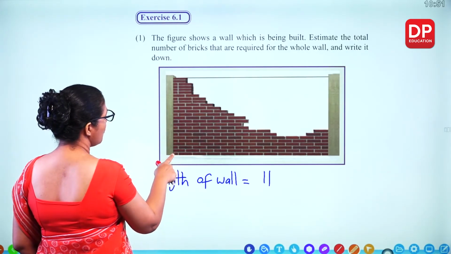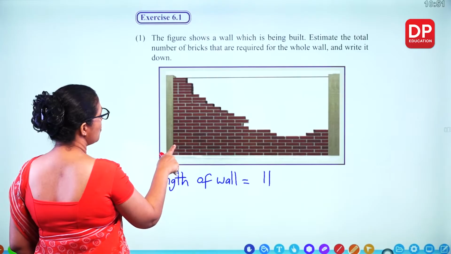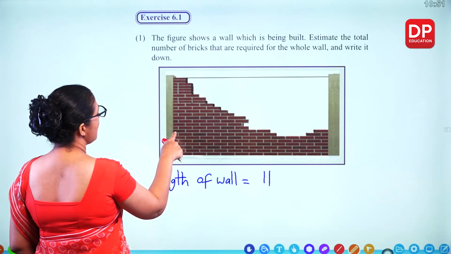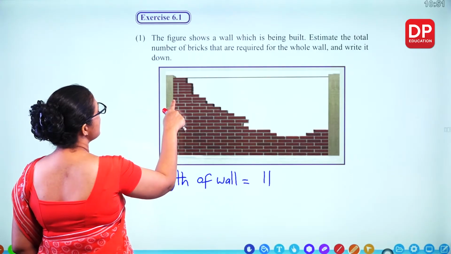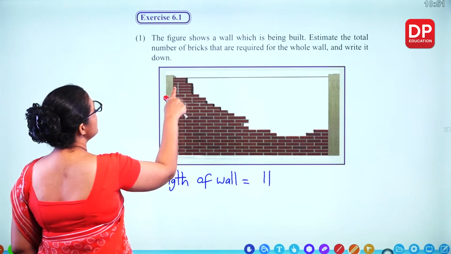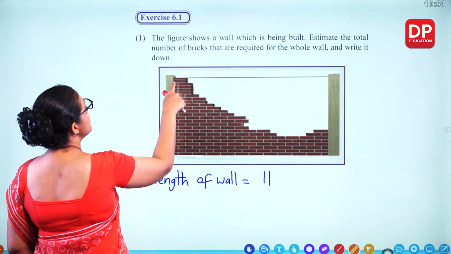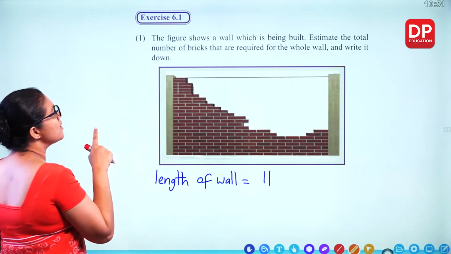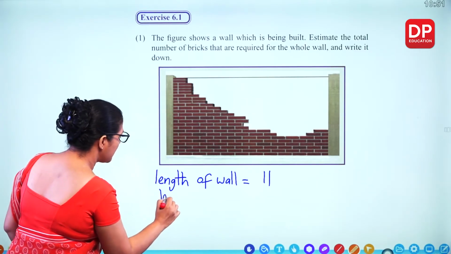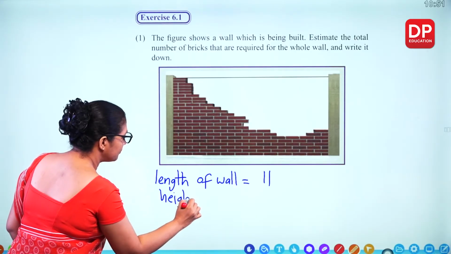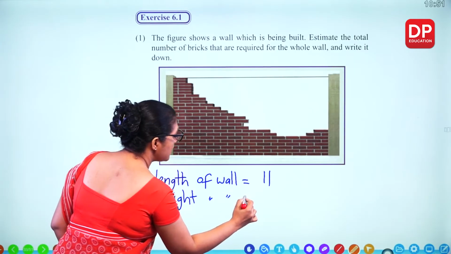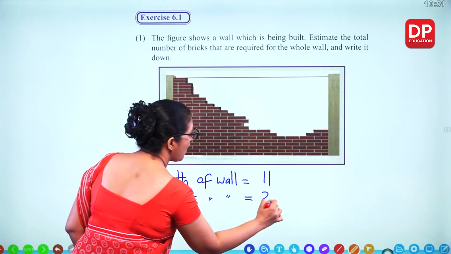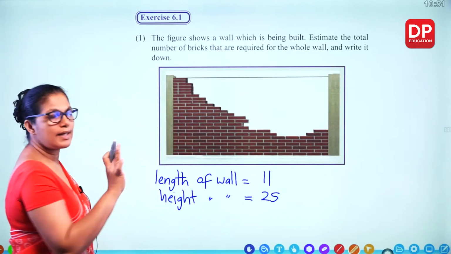So you have to take 1, 2, 3, 4, 5, 6, 7, 8, 9, 10, 11, 12, 13, 14, 15, 16, 17, 18, 19, 20, 21, 22, 23, 24, 25. Height you need 25.